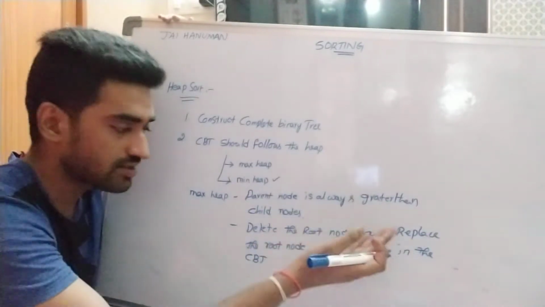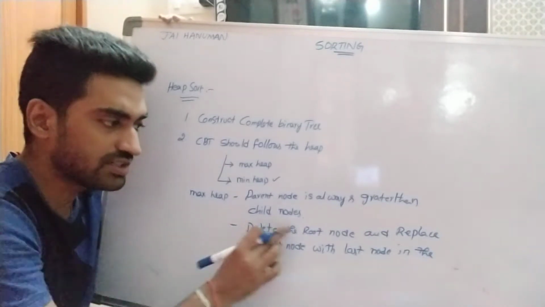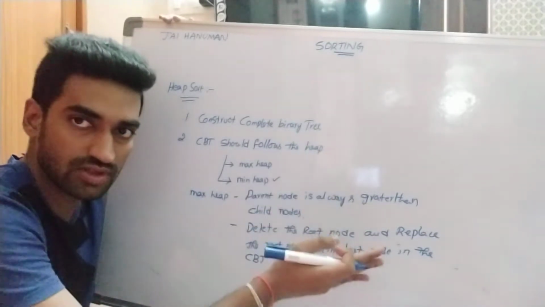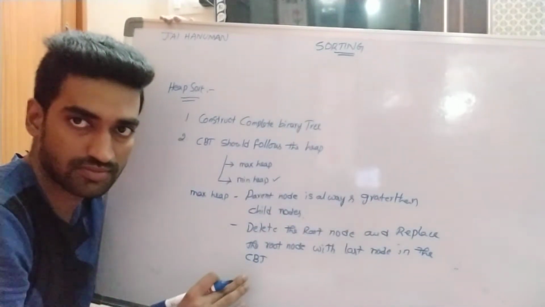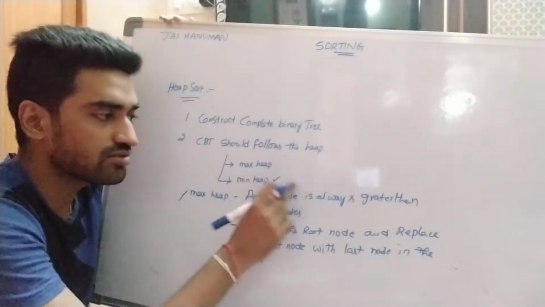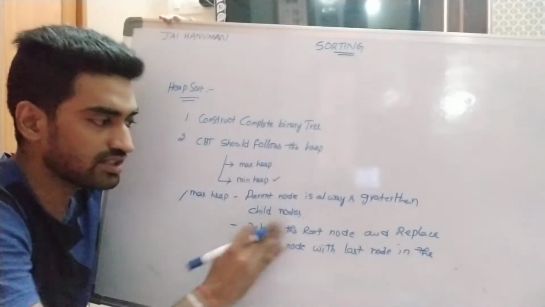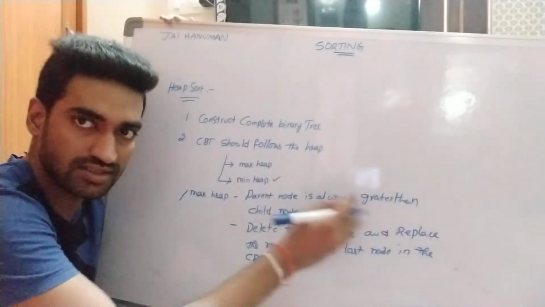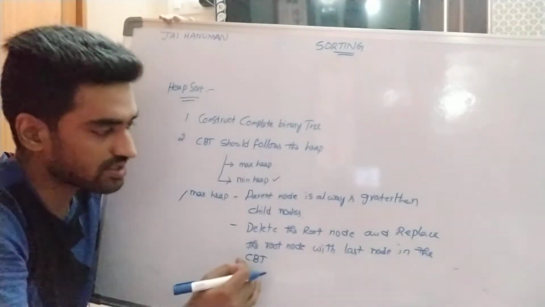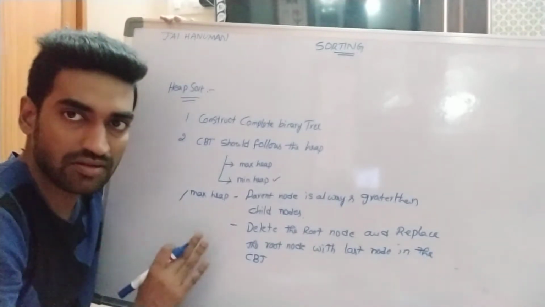The parent node is always greater than the child node. After construction of max heap, delete the root node and replace the root node with the last node that is present in the complete binary tree, right? So this is the max heap. What is min heap? Min heap means the children node is always greater than the parent node. The same procedure is followed: delete the root node and replace that root node with the last node in the complete binary tree, right? So this is about max heap and min heap, right?